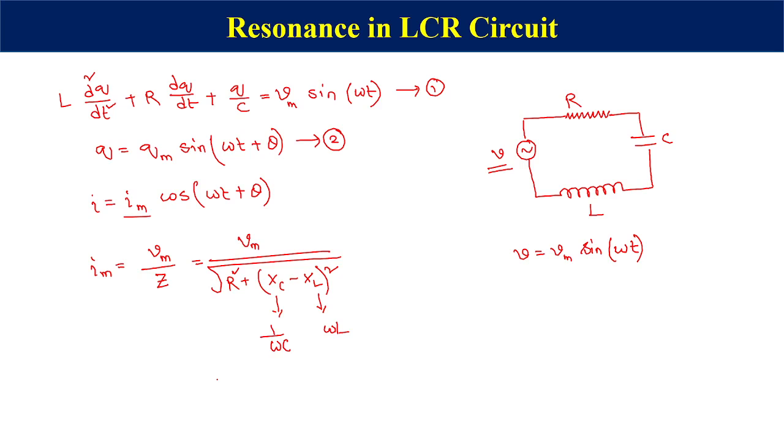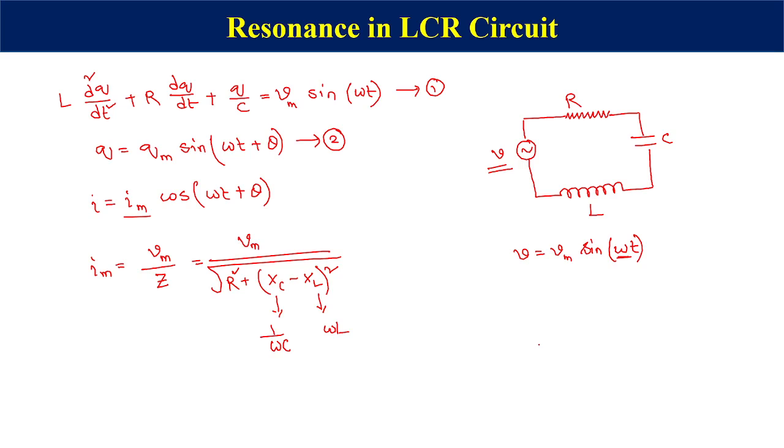In a mechanical system the amplitude of vibration becomes maximum. Since this is an electrical circuit, we expect the current in the circuit to be maximum. Whenever the natural frequency of the circuit and the driver frequency, that is the frequency of the voltage source, omega as given here, match or tend to match, the current in the circuit becomes maximum.